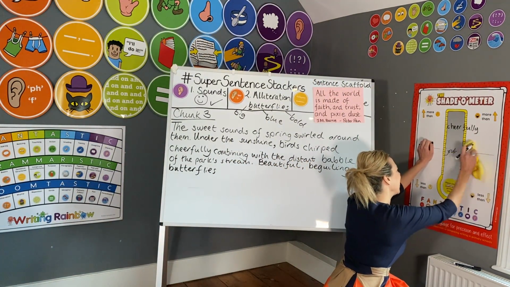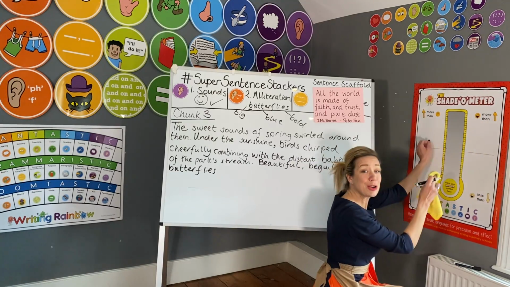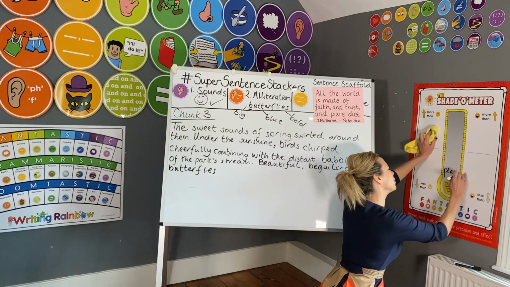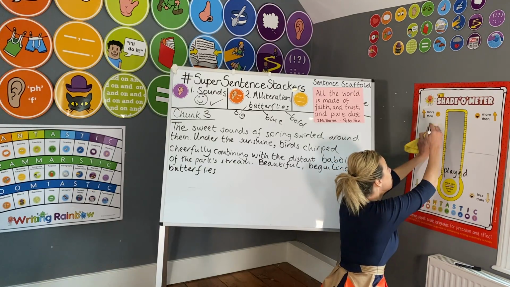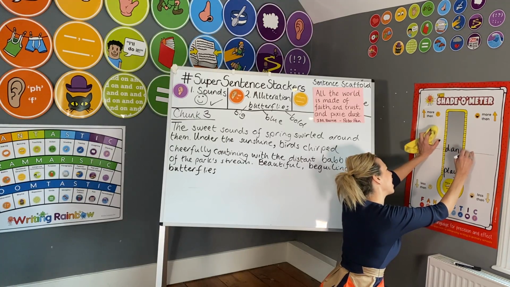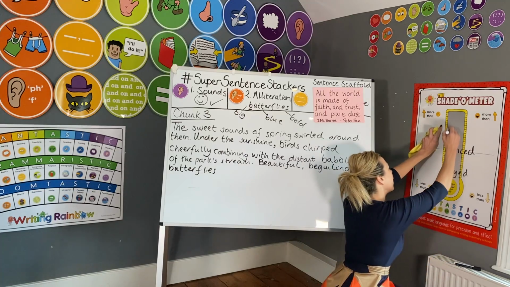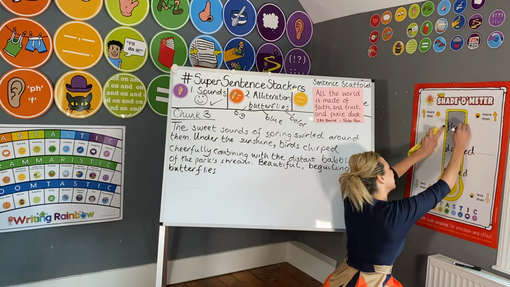Let me check out if that is exactly the word I do want to use. Beautiful beguiling butterflies played. Beautiful beguiling butterflies danced. Oh, I like that. Beautiful beguiling butterflies fluttered. That's a nice word.